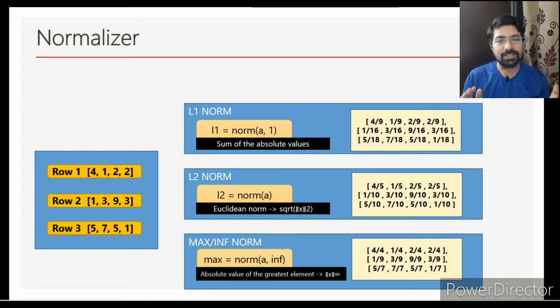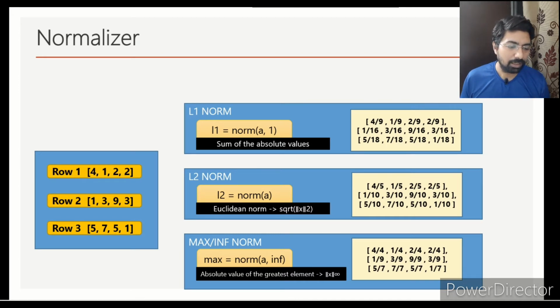It sums them up to find the Manhattan distance, which in the first row is 9. It divides each value by the sum to get the normalization, which produces the unit norm. That means if you add all the normalized feature values, they sum up to 1.